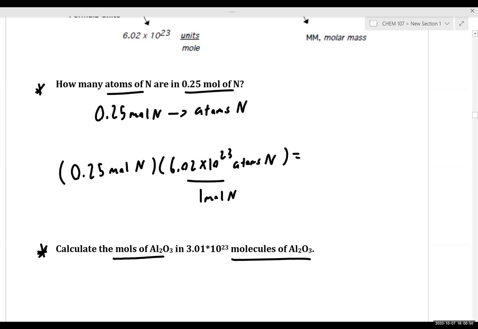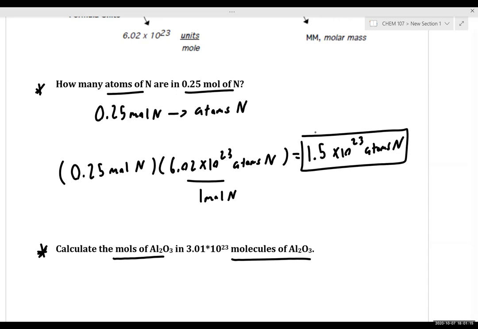Punching this into our calculator, that in turn gives us 1.5 times 10 to the 23rd atoms of nitrogen. Any questions on this first example?